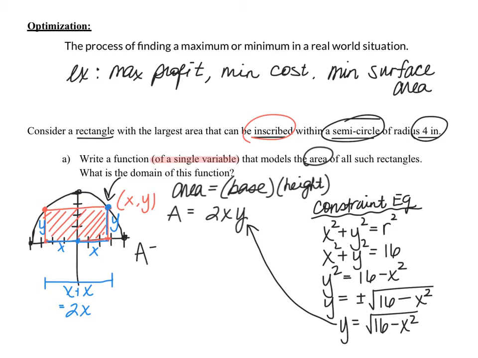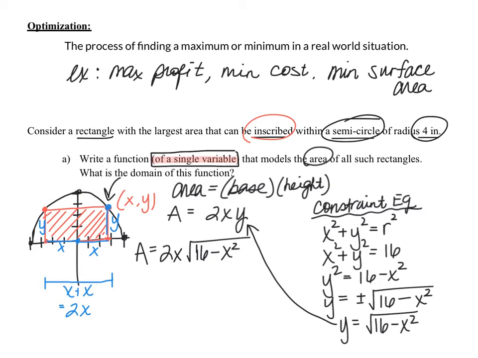So therefore my area model becomes 2x times the square root of 16 minus x squared. And now you see I have only one input variable.